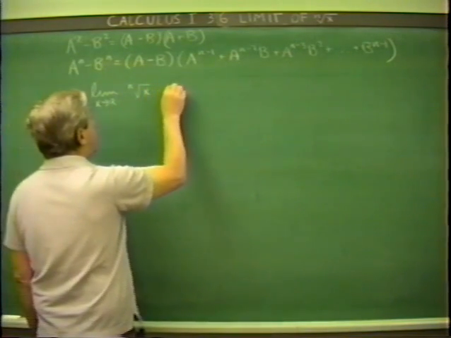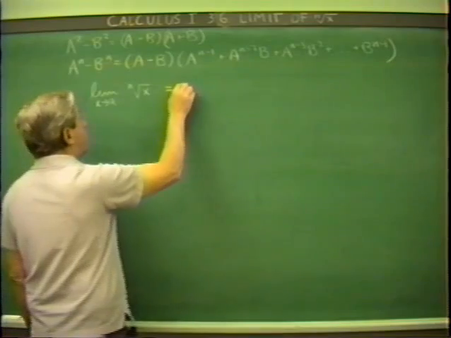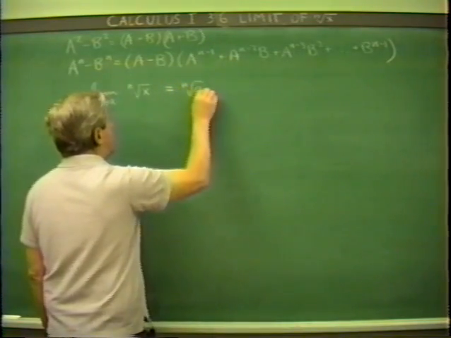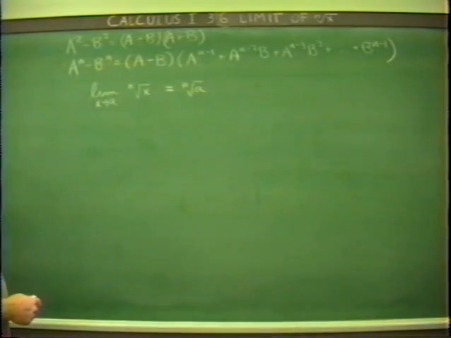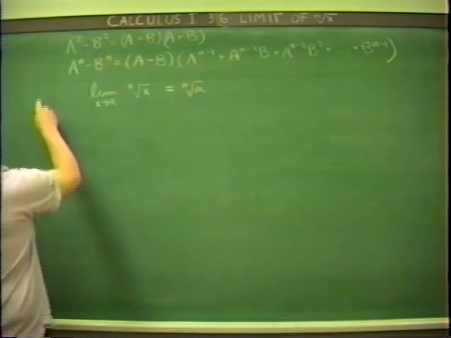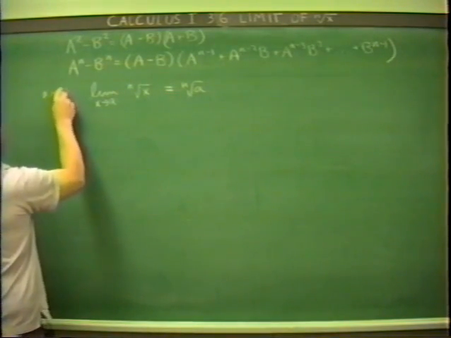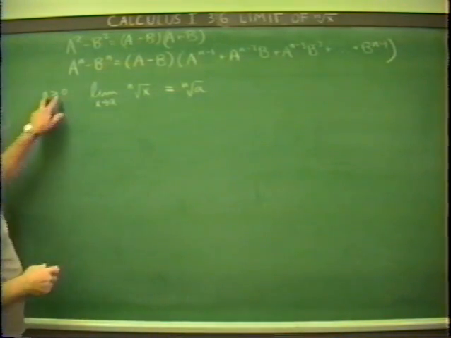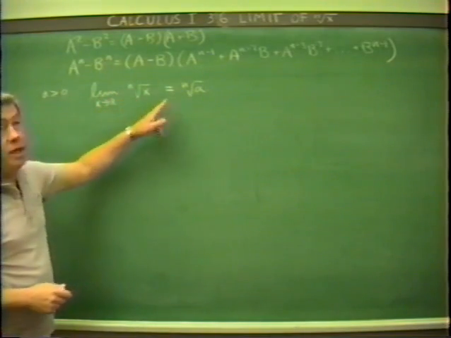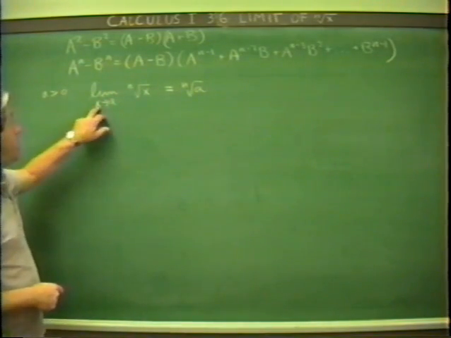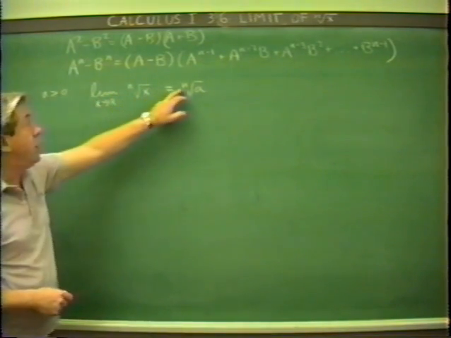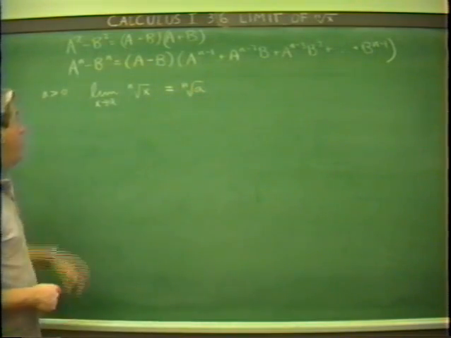Putting this over a common denominator, we can write the absolute value of g of x minus m, all over absolute g of x times absolute m. That's absolute m minus g of x, over absolute g of x times absolute m.